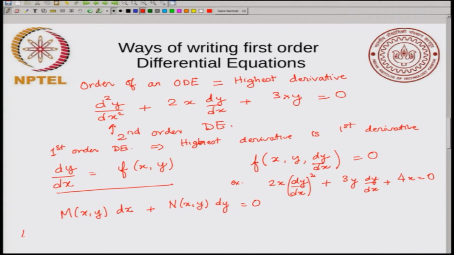So, what is a linear differential equation?